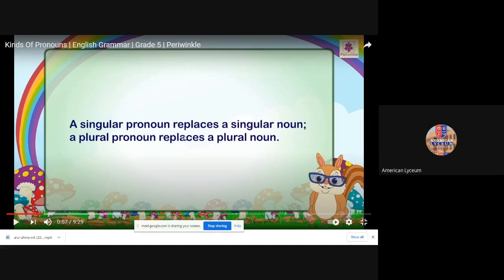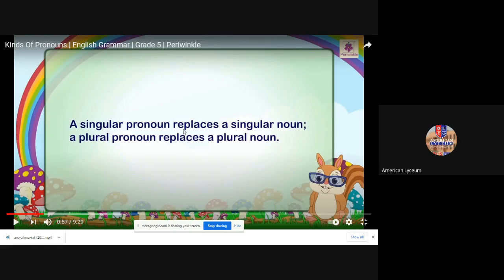Anyone know? Plurals are basically more than one thing or more than one person, and singular means only one in number. So a plural pronoun will replace a plural noun and a singular pronoun will replace a singular noun.